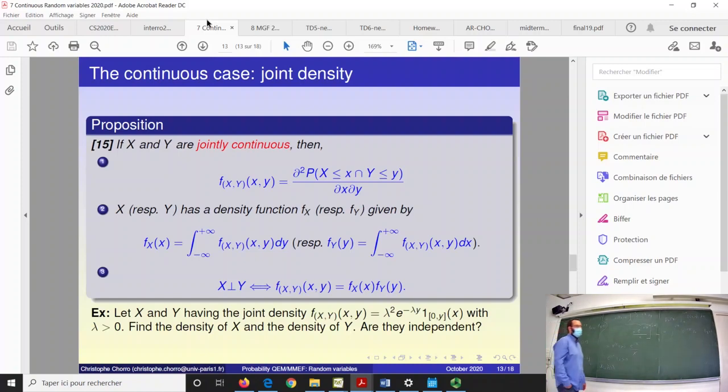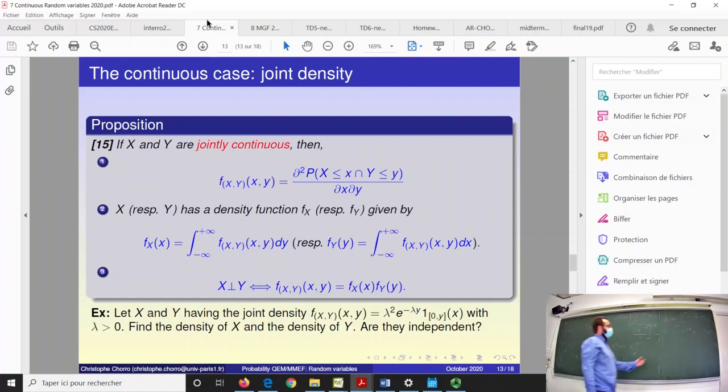Keep in mind that I integrate with respect to x here. So the variable of integration is this one. Since I have x here, it's not the integral of a density function, but something related to the expectation, because I have the integral of x times something that is not very far from the density function of someone.